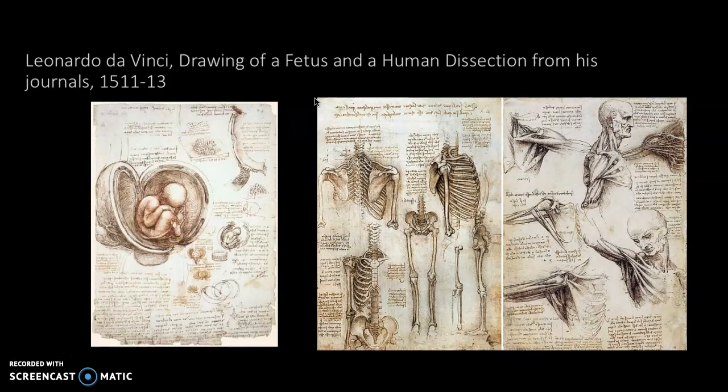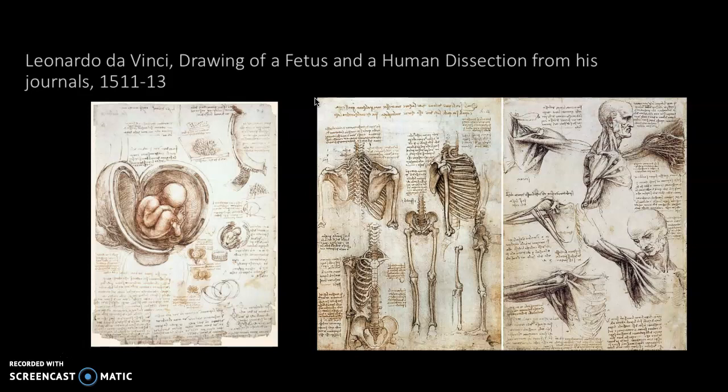We're looking at his drawings of a fetus and a human dissection, and these are models for scientific illustrations today. At the time, Leonardo's working for the Duke of Milan and actually did not complete very many paintings, but instead he was working on his scientific theories, on his ideas that we see here.